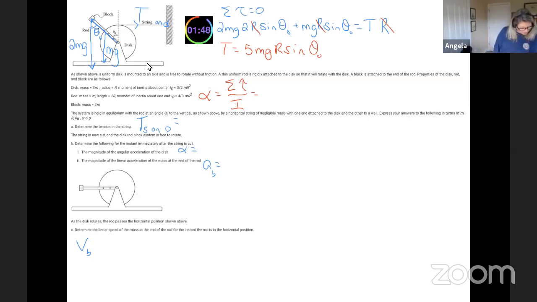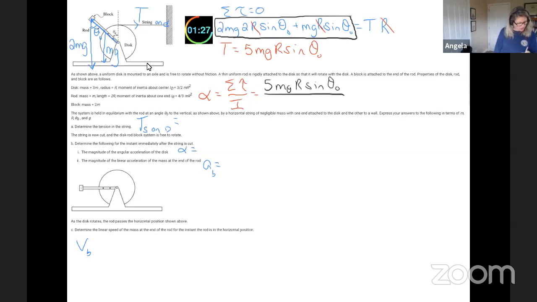So if we go back up here, I guess I will circle it in black. This is equivalent to the torque from the rod and the block. So I'll just add those together. It would be 5 mgr sine theta naught, right? And then the rotational inertia, they gave us the rotational inertia of the disk, 3/2 mr squared.